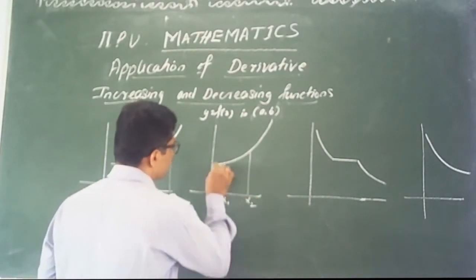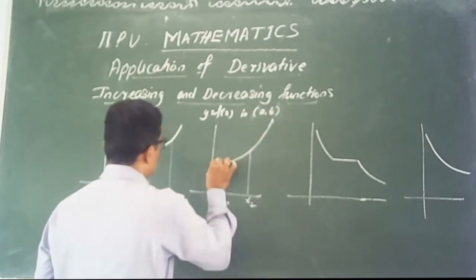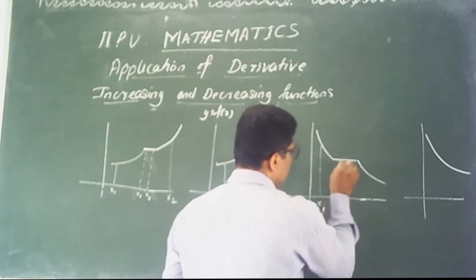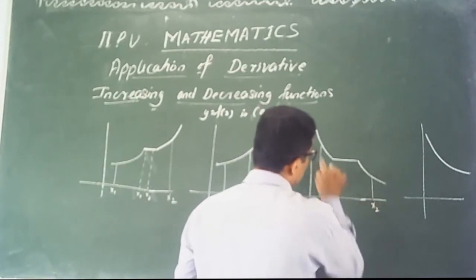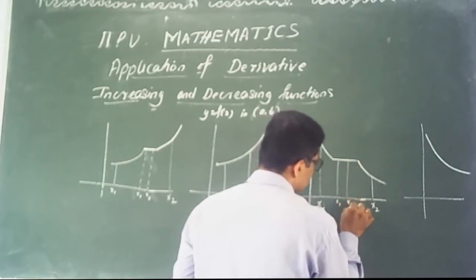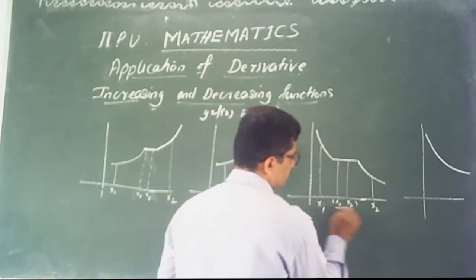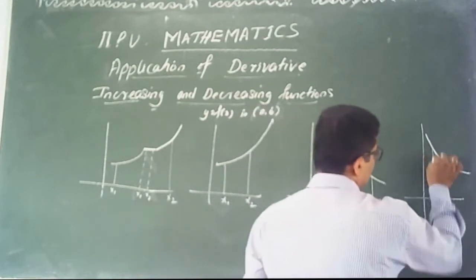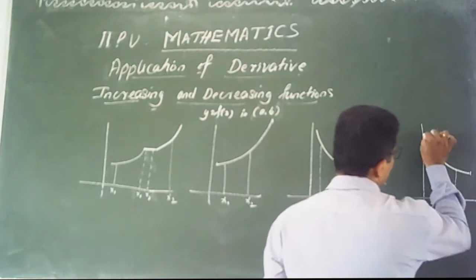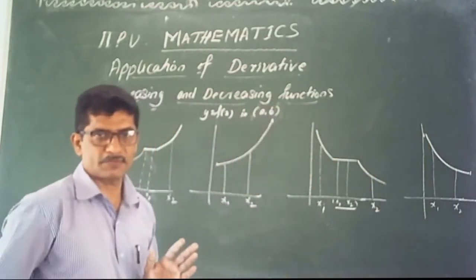It is the arbitrary values defined in the closed interval a to b. Here also, suppose this one is x1, x2 ಇರಬಹುದು ಅಥವಾ ಇಲ್ಲೆಲ್ಲೋ ಇರಬಹುದು, this is a particular case. Or this one is x1, and this value is x2, defined in a given interval.